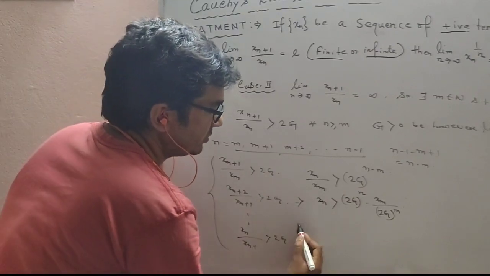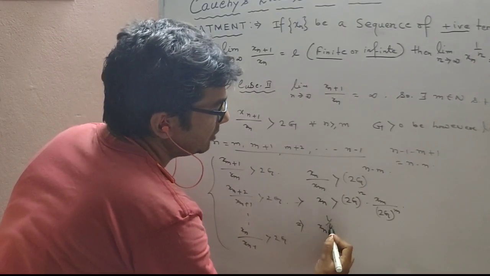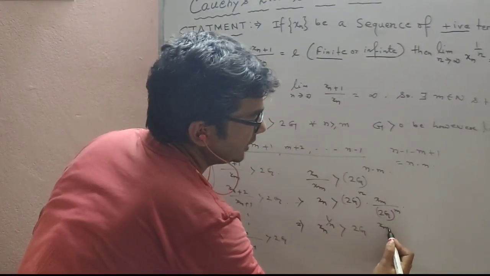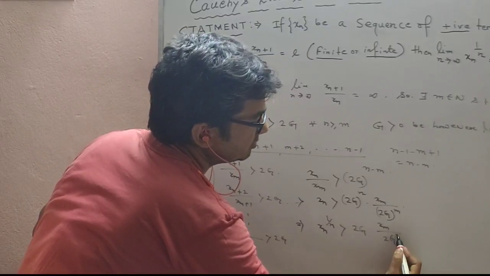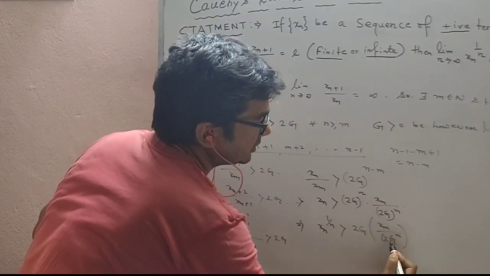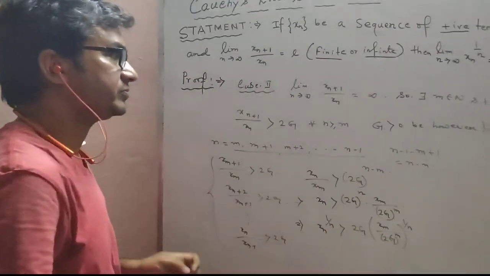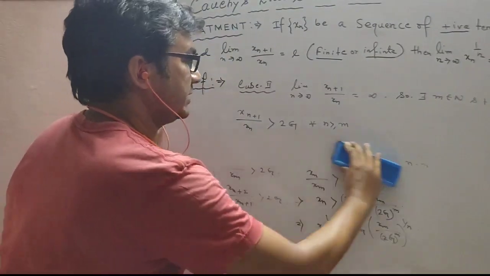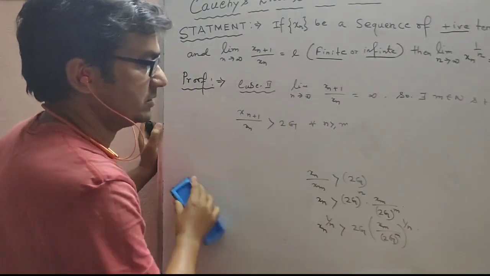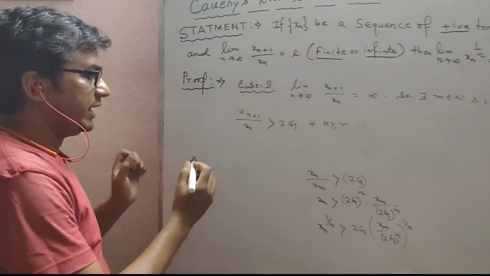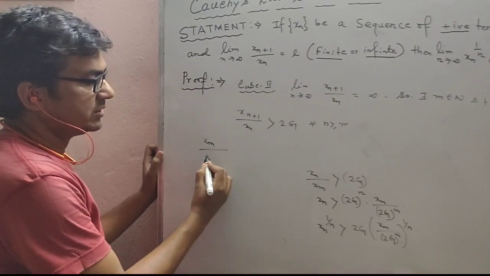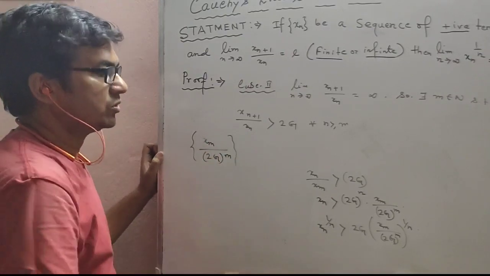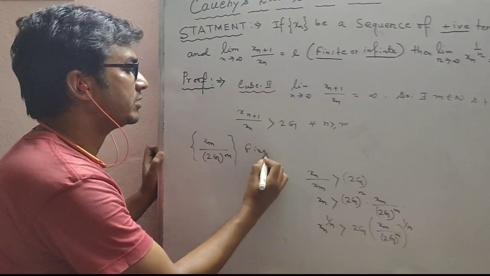Now xn to the power 1 by n greater than 2g into (xm by (2g) to the power m) whole to the power 1 by n. Here also xm by (2g) to the power m is a fixed number, fixed real number.